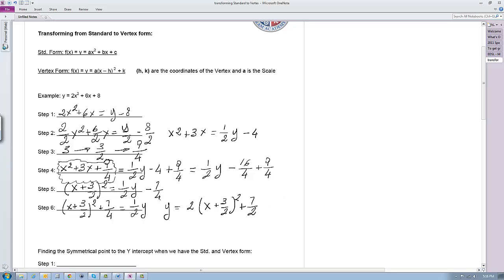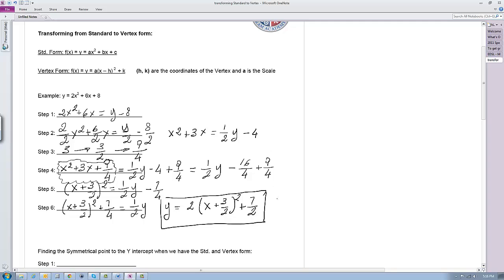This is my completed transformation. This is my vertex form of the equation where we started. So now I know that the vertex of the parabola described by this is minus 3/2 and 7/2.